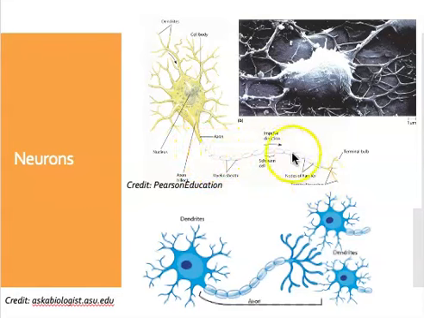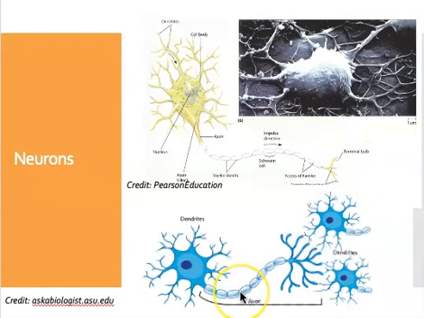It has these areas every so often that have no myelin around them. Down at the bottom of the axon, we can see a branching pattern. The final branches that are created are referred to as terminal branches.